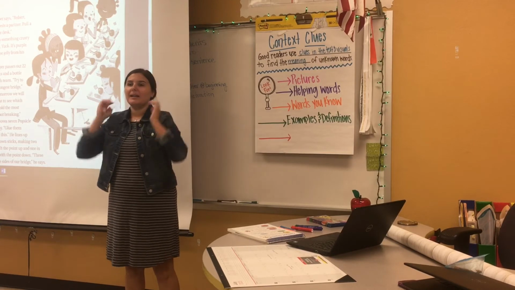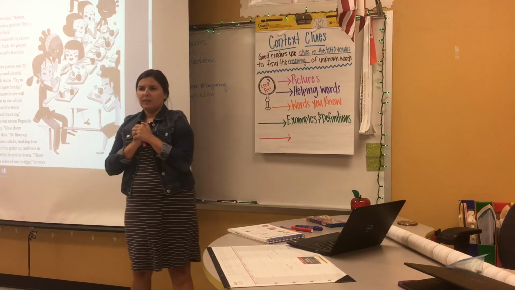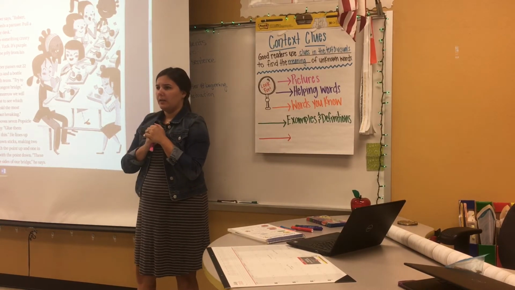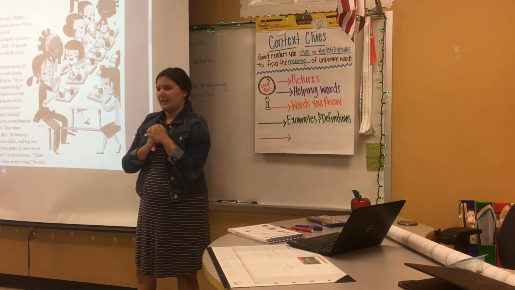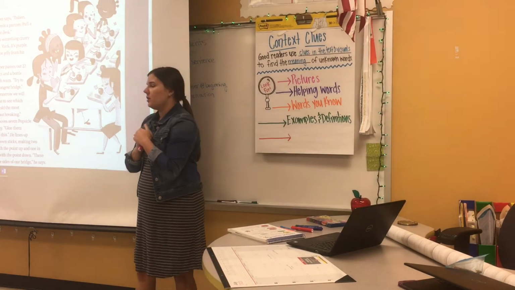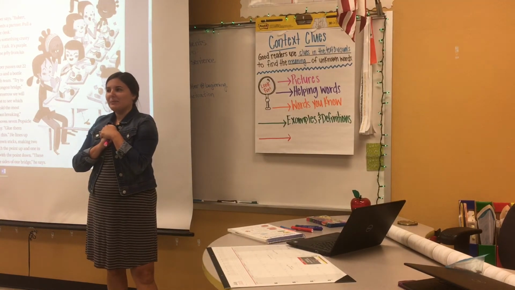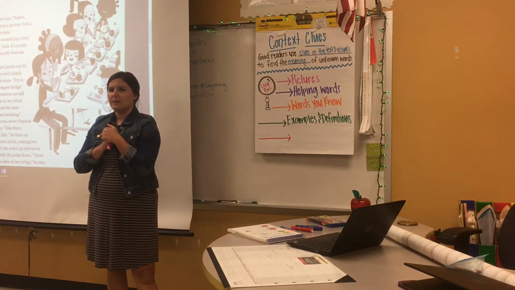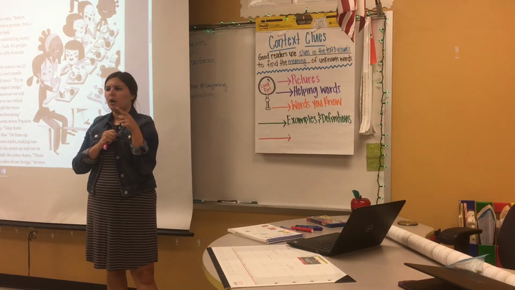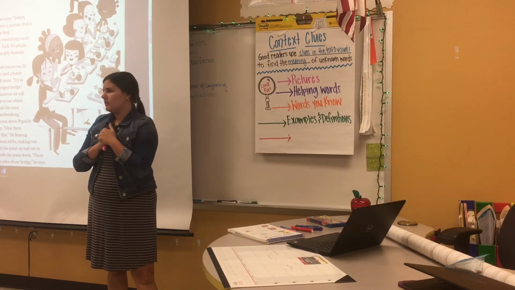So sometimes it might say lumen means light. We know that. What would be the opposite of light? Dark. Dark. So awesome. And I wonder why they would give us an antonym, so something that means the opposite.